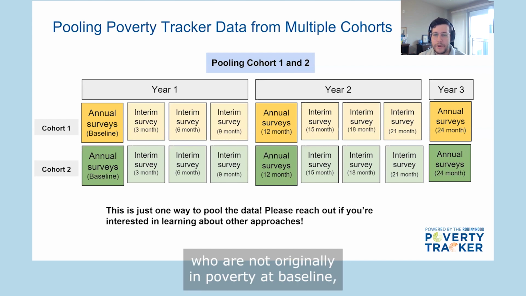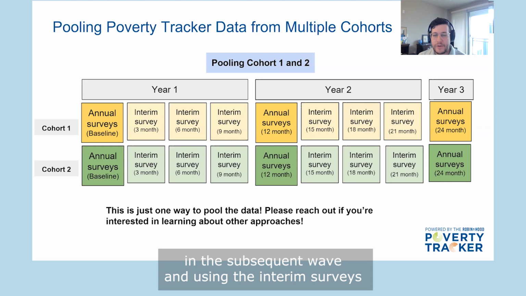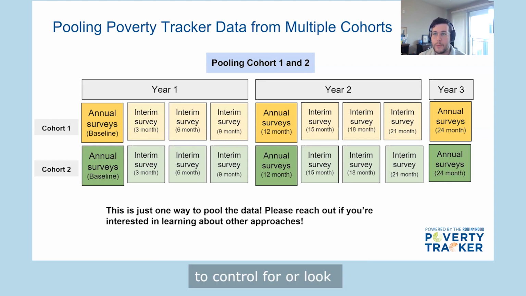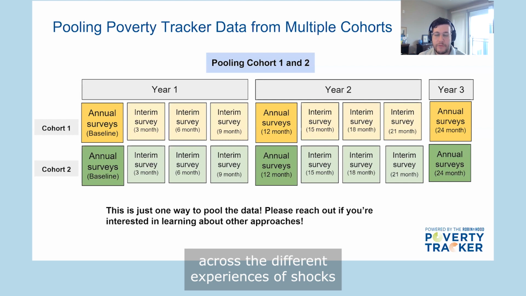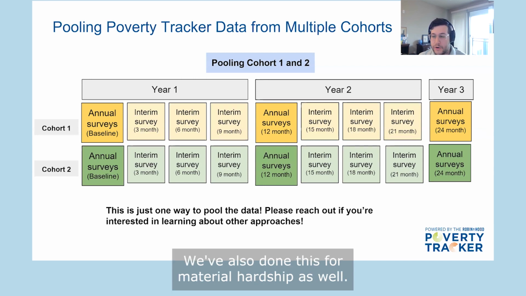Among those who are not originally in poverty at baseline, what's their likelihood of entering hardship in the subsequent wave? Then we use the interim surveys to control for or look across the different experiences of shock that people face, and how those are related to and predict entrances into poverty. And we've also done this for material hardship as well.